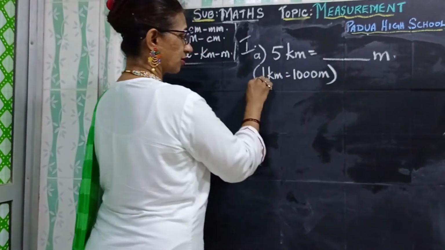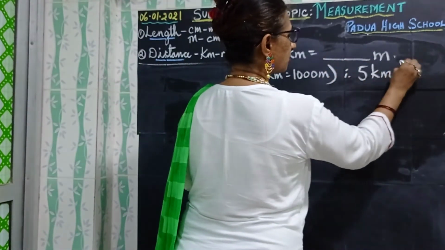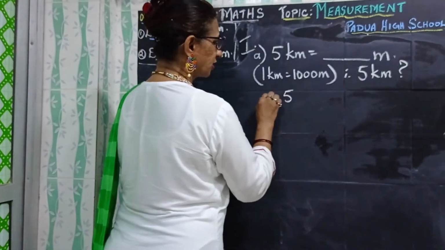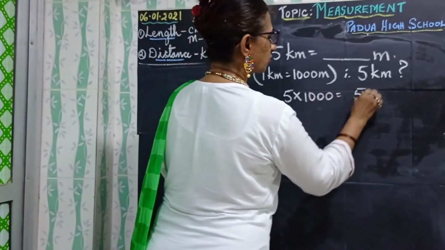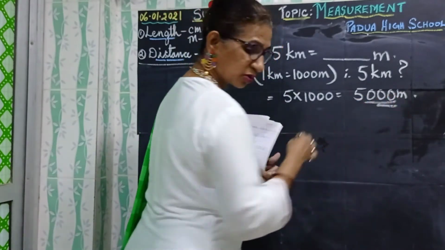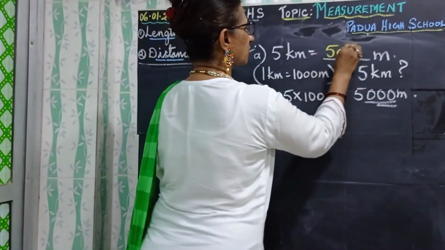Therefore, 5 kilometers is how much? So what we will do? 5 kilometers is equal to 5 multiplied by 1000, which is equal to 5000 meters. So when we write your answer here, we will write 5000.